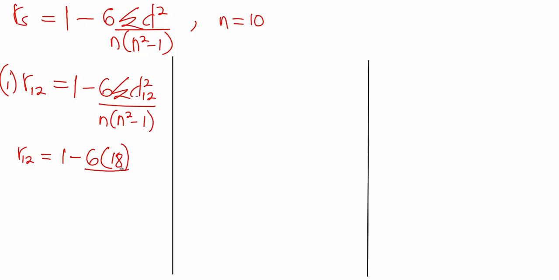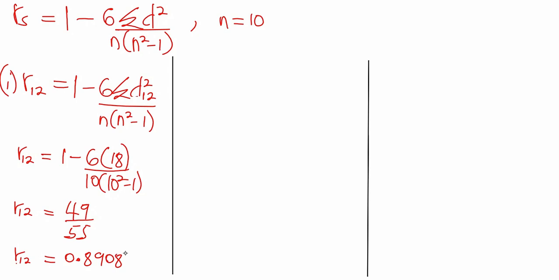So that gives us divided by 10 into bracket 10 squared minus 1. So further simplification gives us 49 on 55. So the Spearman rank correlation coefficient for examiner 1 and 2 is giving us 0.8908. So to 4 decimal places, this is the Spearman rank correlation coefficient for the examiner 1 and 2.